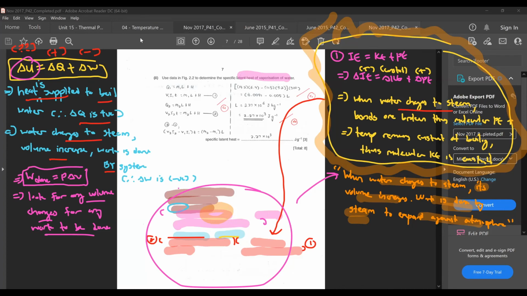Because this is a boiling case, you know your equation is heat supplied by heater equals heat to vaporize plus heat lost to surroundings. Okay, so this one is pretty straightforward.